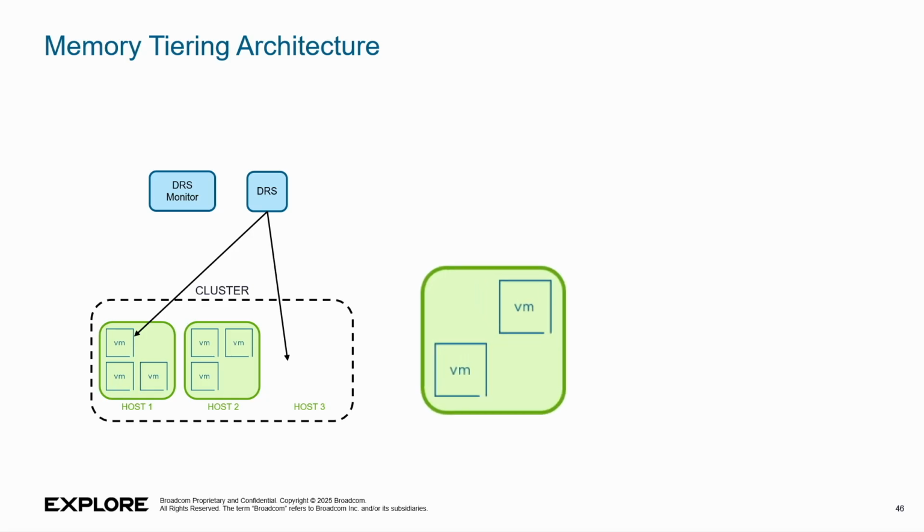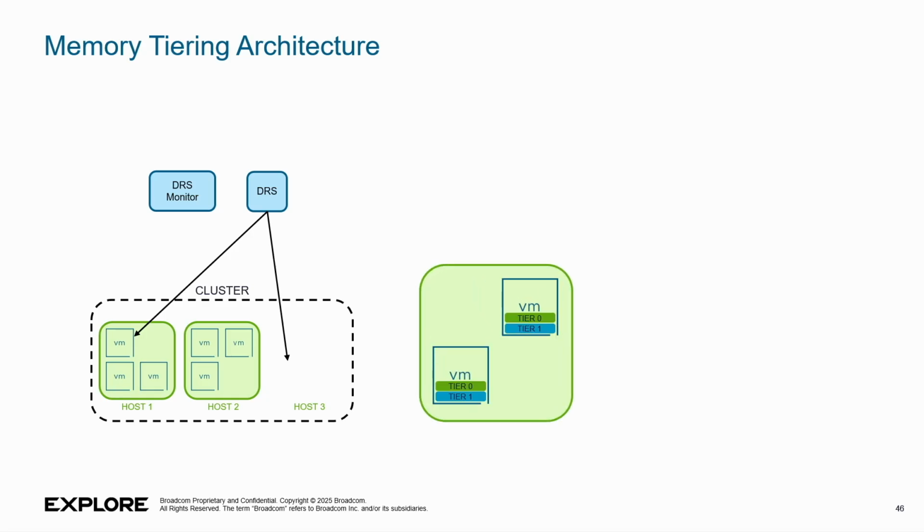Now, if we dig a little deeper into the host level, the host monitor is going to take care of the tier bandwidth of the host. It's going to check, and it's going to do the memory tier sizing. Again, that depends on what values you have configured, and it chooses the sizing for the tier.